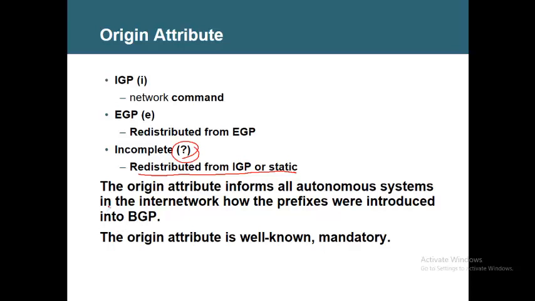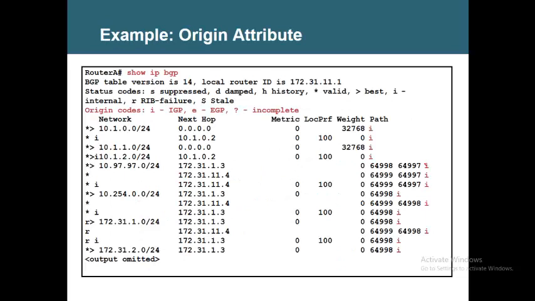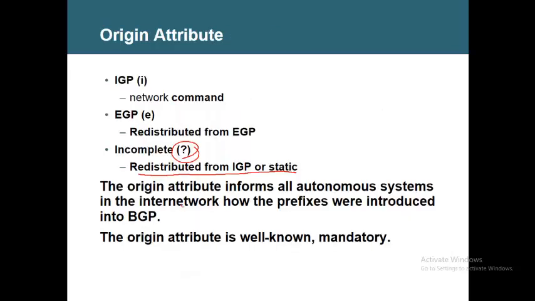When you find a question mark here, it means it's redistributed. In the originating place, they have redistributed. Let's say one neighbor is advertising this as redistributed, another neighbor is advertising this as advertised using the network command. Which one will be preferred? Advertised will be preferred over redistributed. Is this clear? Yes, it is. All right, smaller is preferred.